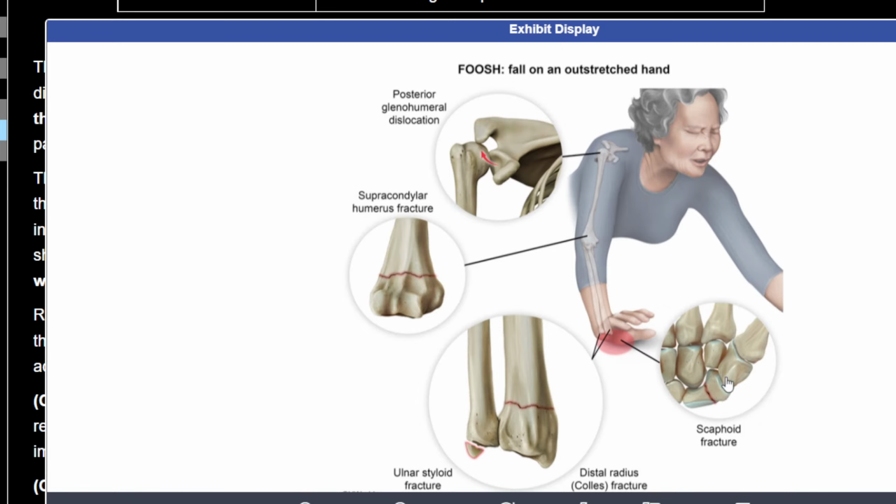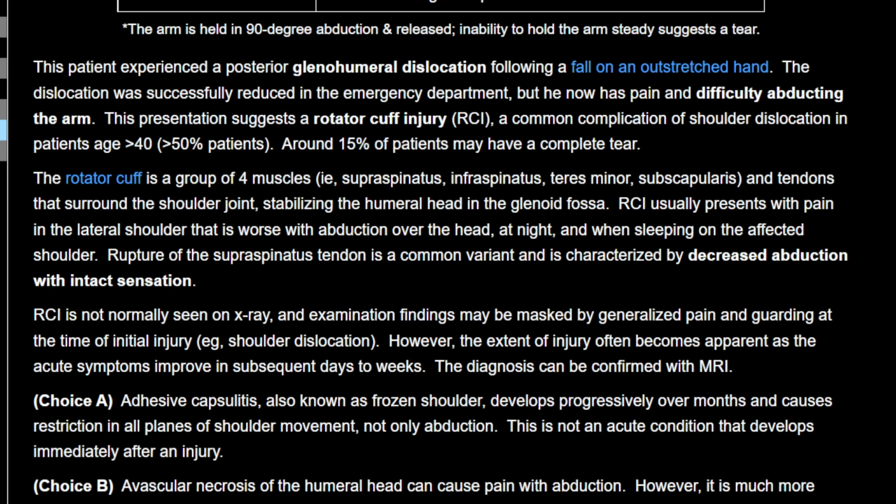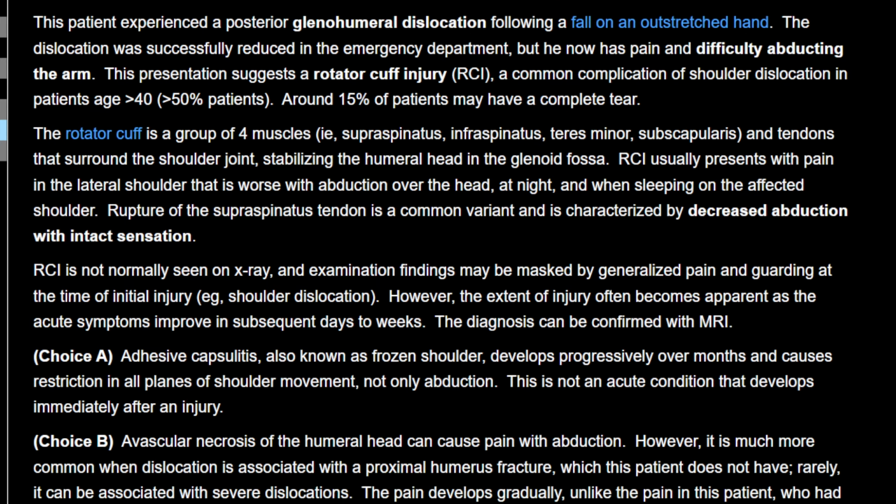So the distal part is still good, but the proximal part gets necrosis because of the retrograde vascular supply. So, guys, read, pause, read, and learn.